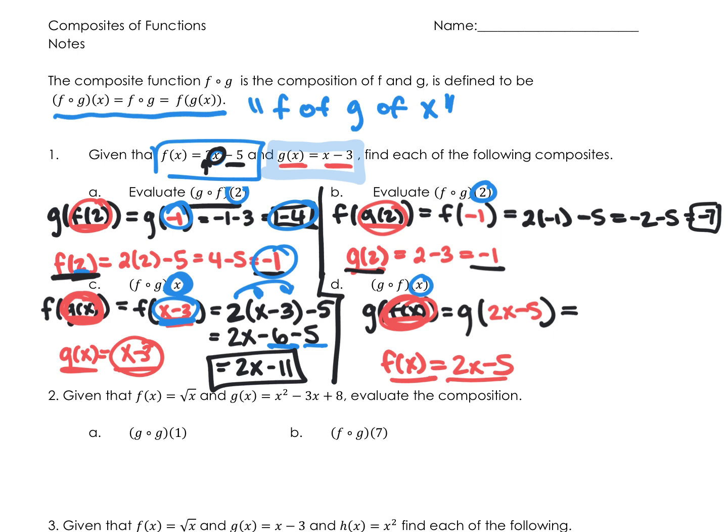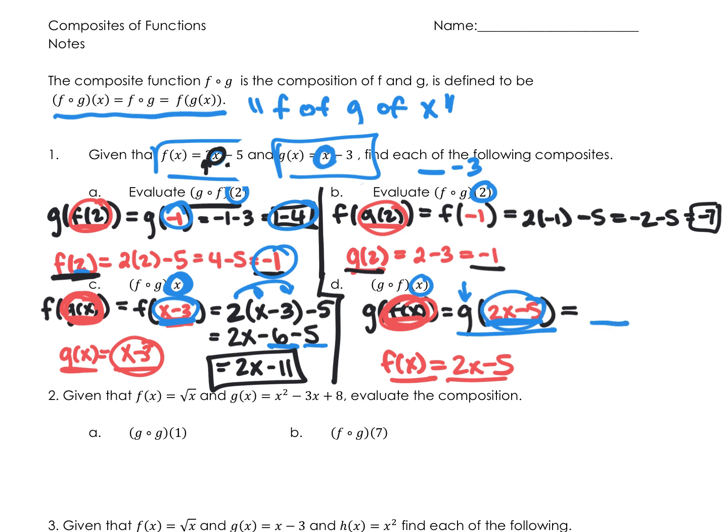And now to solve this, we need to go to the g equation. This says go to the g equation. So we're going to go to the g equation here, and wherever there's an x, we're going to put all of this inside there. So we're starting with x, so we're going to have blank minus 3. And in this blank where the x is, you're going to put all of this.